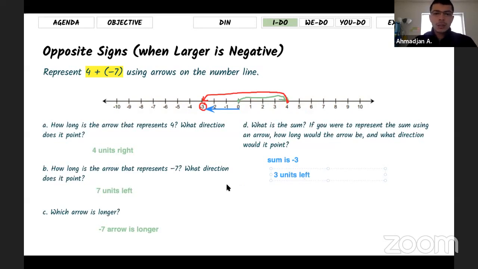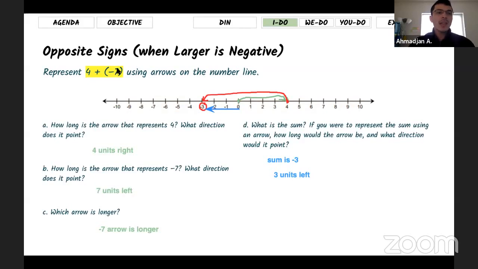Okay. So the conclusion is, again, because the larger number is negative, your result will also be a negative number. So when you add opposite sign numbers like this, 4 and 7, or we're going to do other examples too, whichever number is bigger, you need to find that one first. So I found that 7 is bigger than the other one.